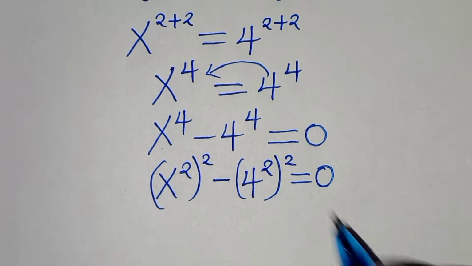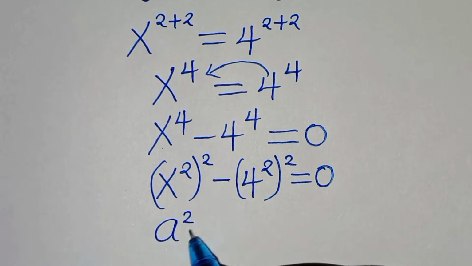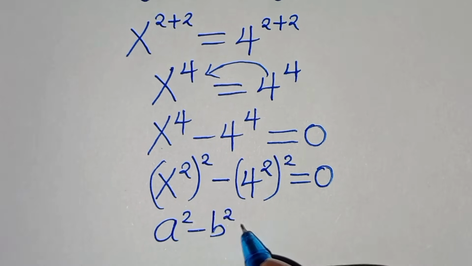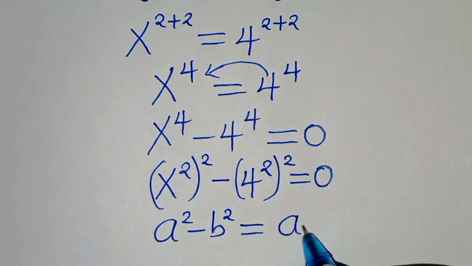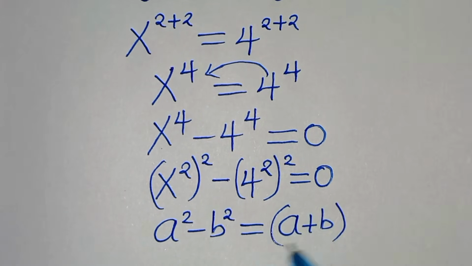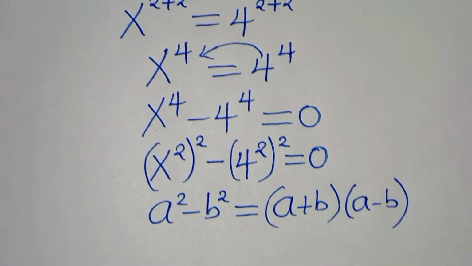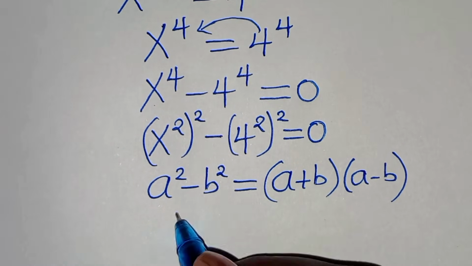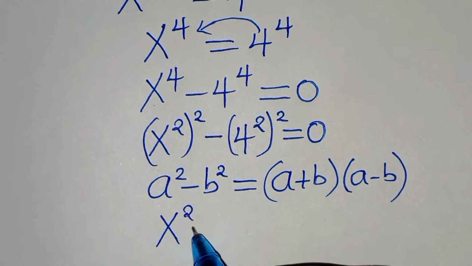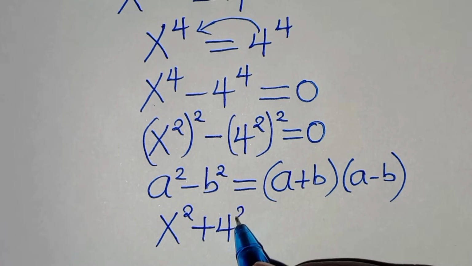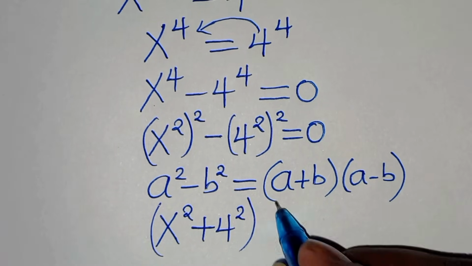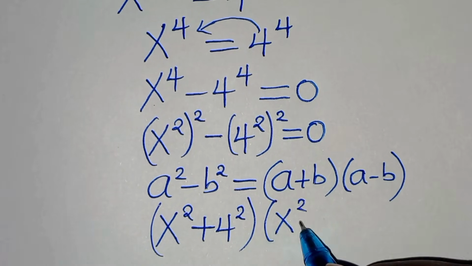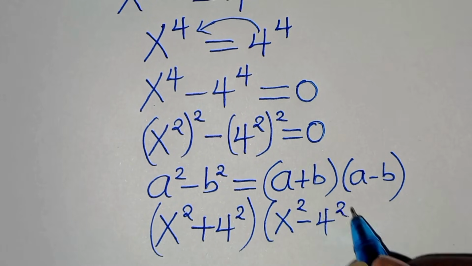This equation here is of the form a squared minus b squared, which we can express as a plus b multiplied by a subtract b. Applying this identity, then we have x to the power of 2 plus 4 to the power of 2 multiplied by x to the power of 2 minus 4 to the power of 2.